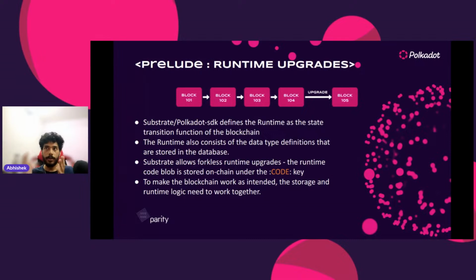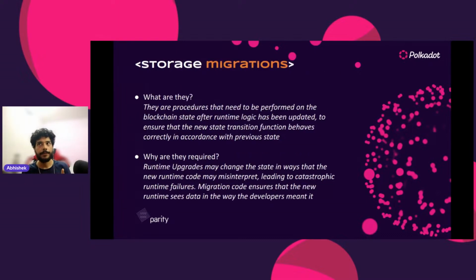But the runtime also contains data type definitions. Your pallets that use storage items are also defined as part of the runtime. So just by upgrading your runtime code, you also invalidate some of these data schemas, and you need to take care of that. That's where storage migration comes in.